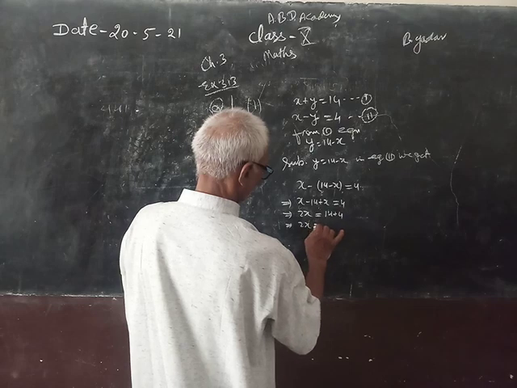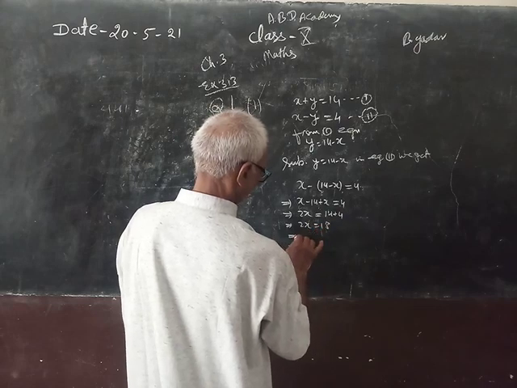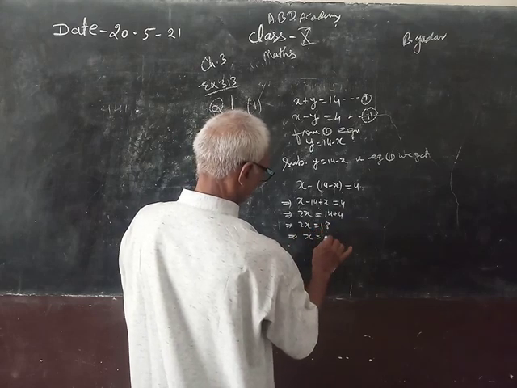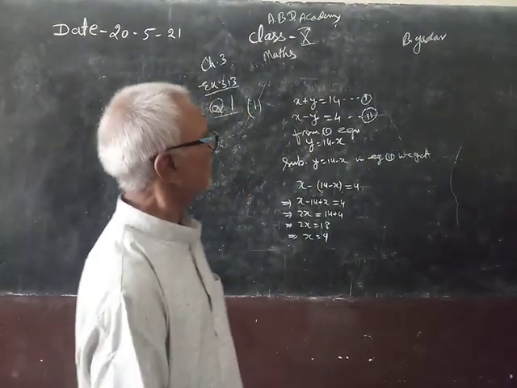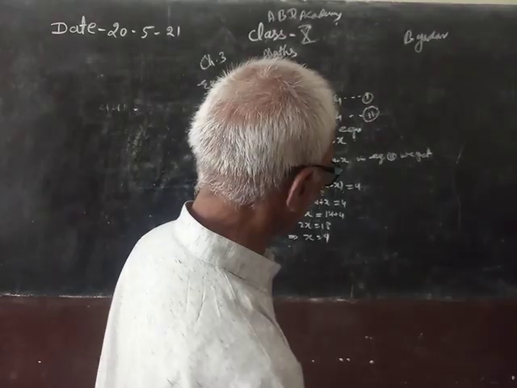This implies 2x is equal to 18, which implies x is equal to 18 by 2, that is 9. Thus the value of x comes 9.